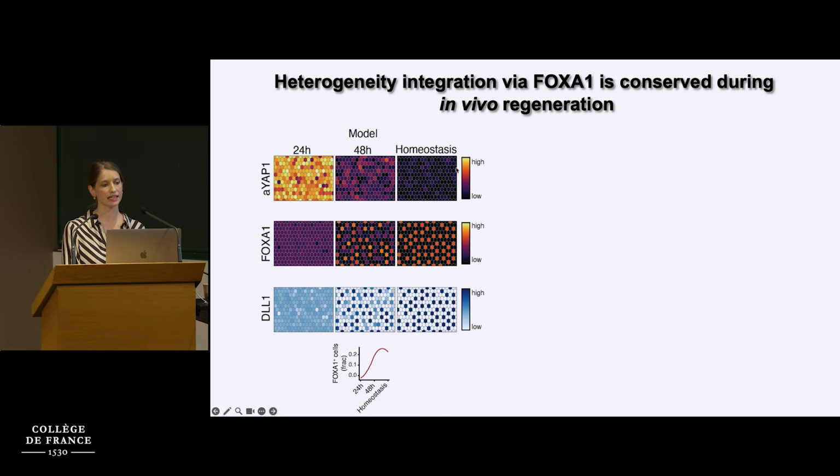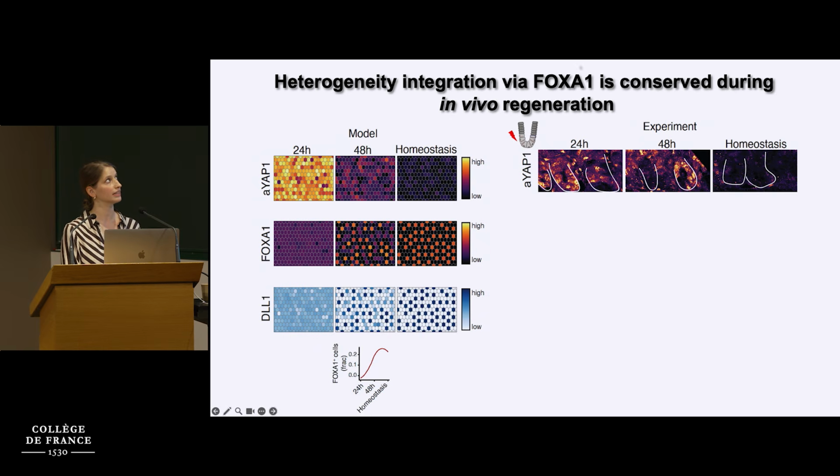So we then tested this by using a mouse irradiation system. This is used as a typical regenerative system. What happens here is that we can ablate highly proliferating cells within the crypt regions and then read out what happens 24-48 hours post-irradiation. In that case, as expected, we see that YAP levels are initially high and then go down towards homeostasis.